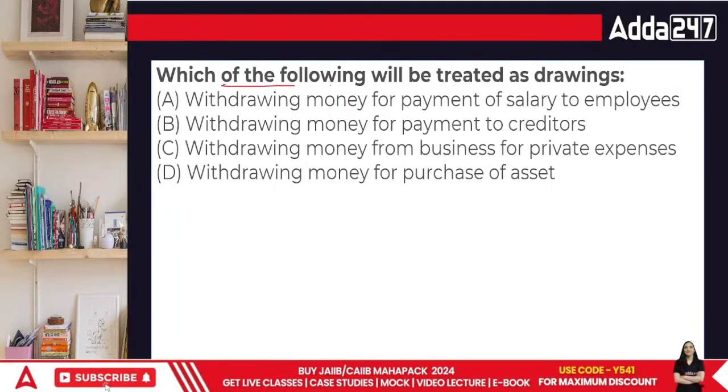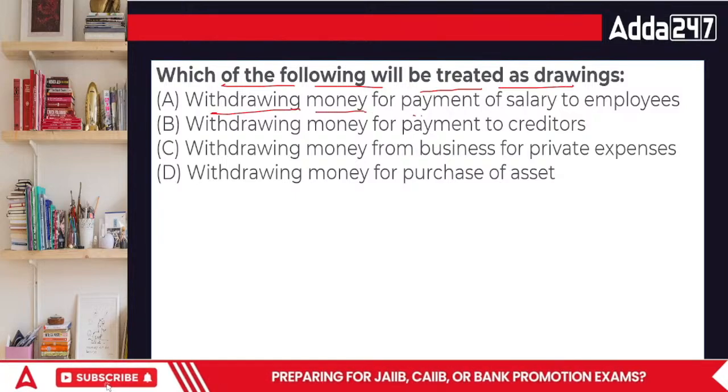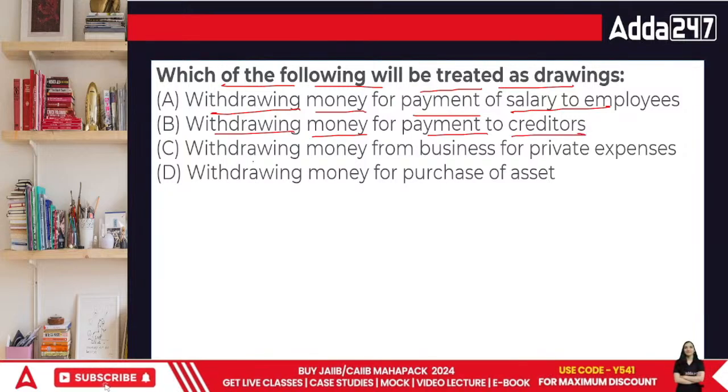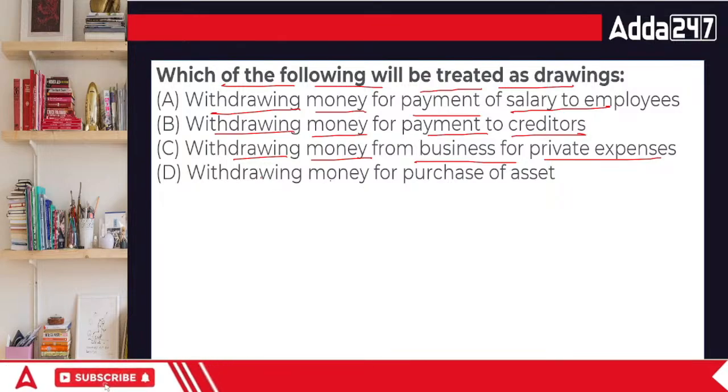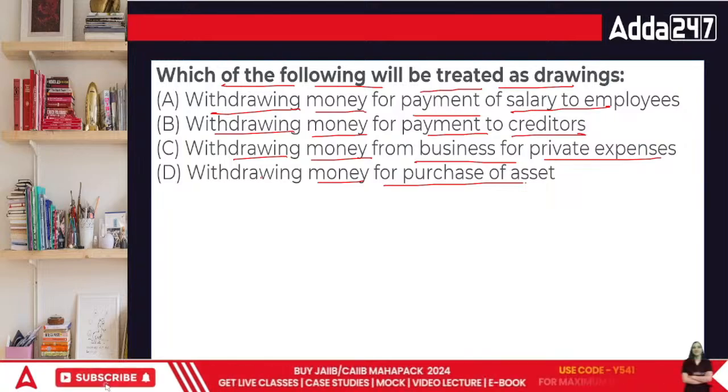Which of the following will be treated as drawings? Withdrawing money for payment of salary to employees, withdrawing money for payment to the creditors, withdrawing money from business for private expenses, withdrawing money for purchase of an asset. What's the answer, everyone?